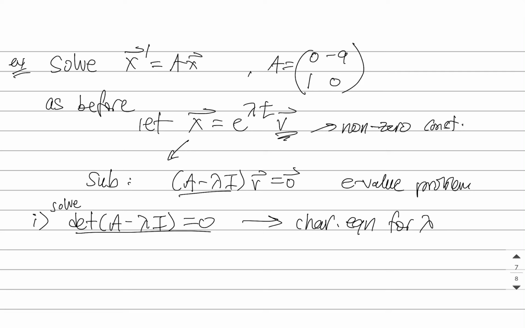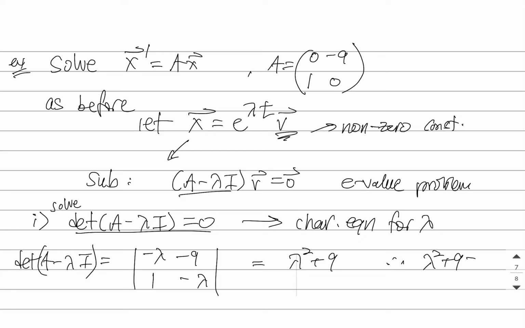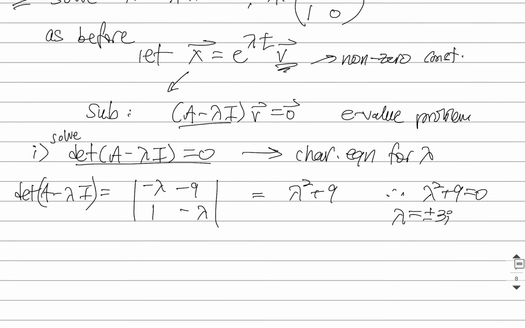A minus lambda I in this case has determinant negative lambda, -9, 1, minus lambda. It's going to give us lambda squared plus 9, and that means we want to solve lambda squared plus 9 equals 0. Lambda will be plus or minus 3i. So as advertised, we've got complex lambdas.